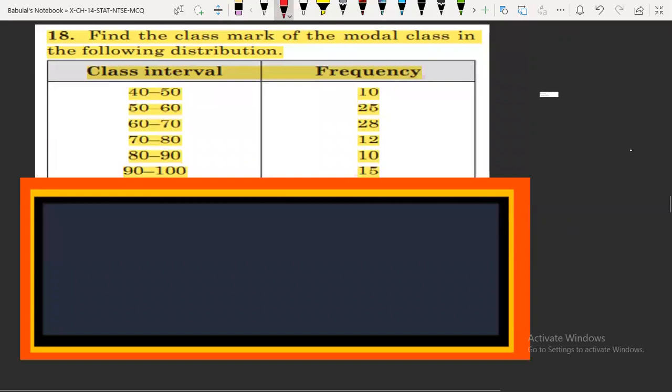Here, the modal class means the class having the maximum frequency, that is 28. Its corresponding class is 60 to 70.